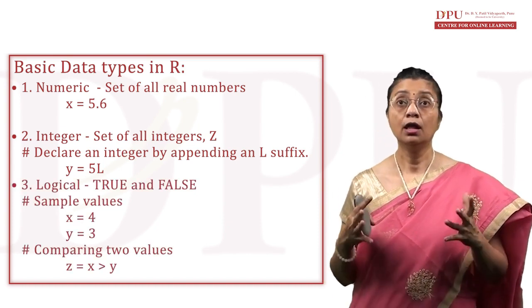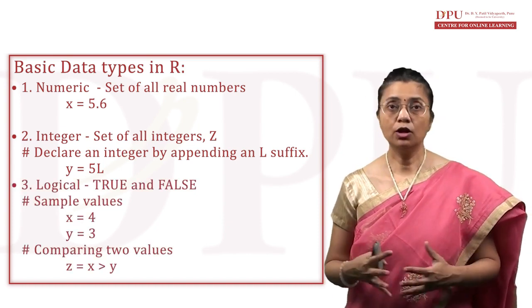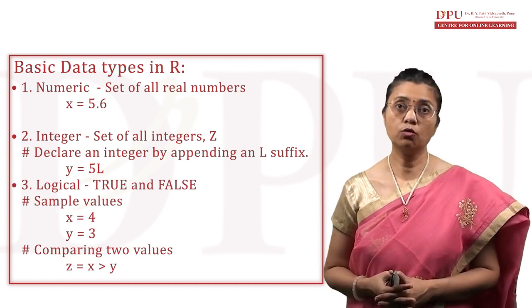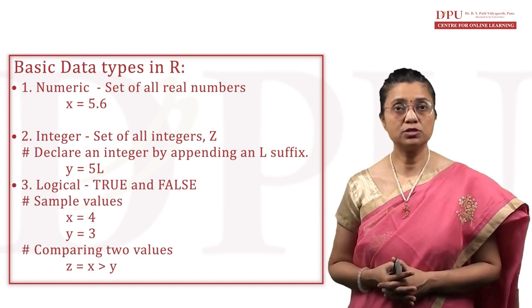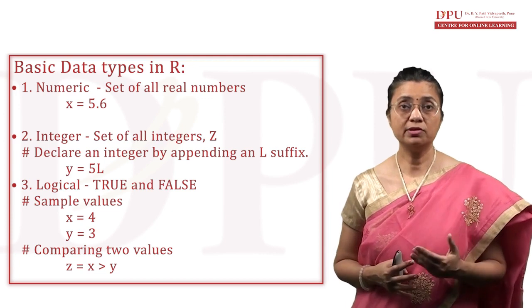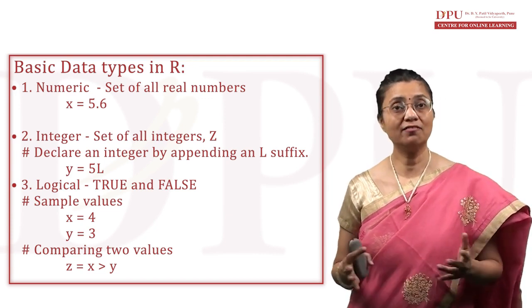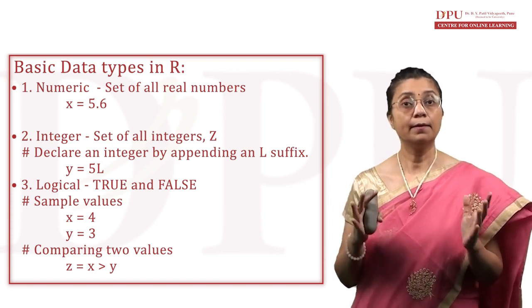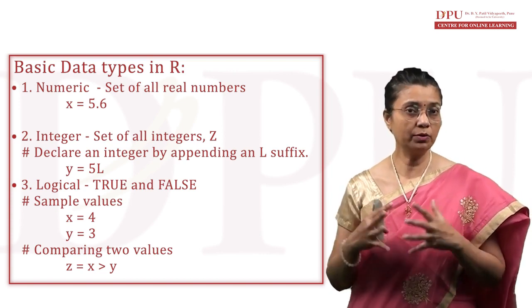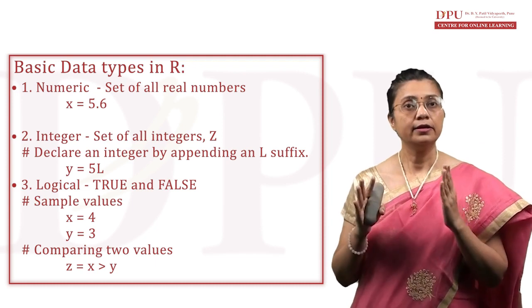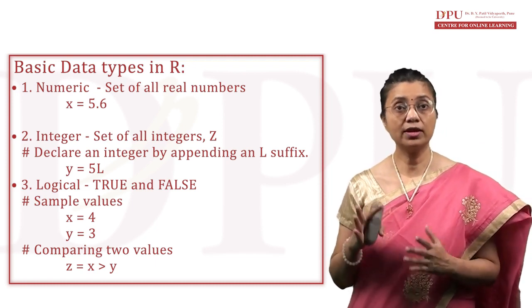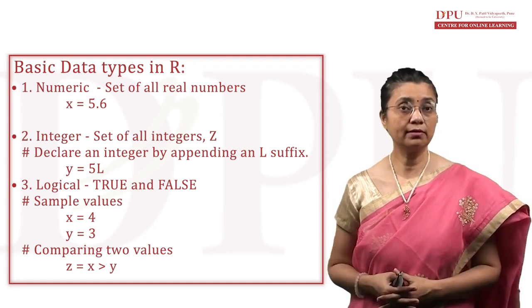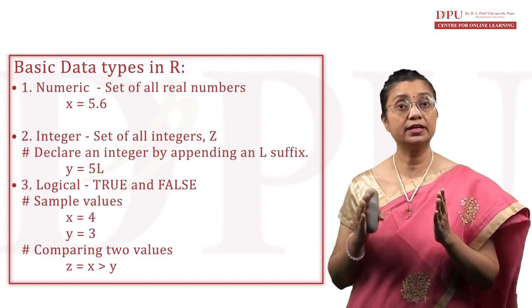Third one is the logical data type. We all know that variables can hold TRUE or FALSE. So the logical output is what? TRUE or FALSE. The sample values here are x is 4 and y is 3. So I can always compare x and y, comparing the two values. How am I doing it? I'm writing z equals x greater than y. So what I'm doing here is comparing if x is greater than y.